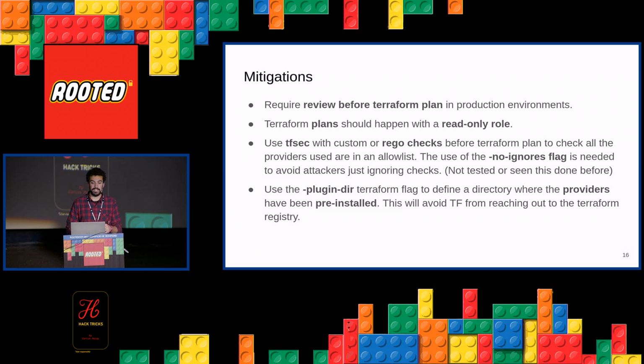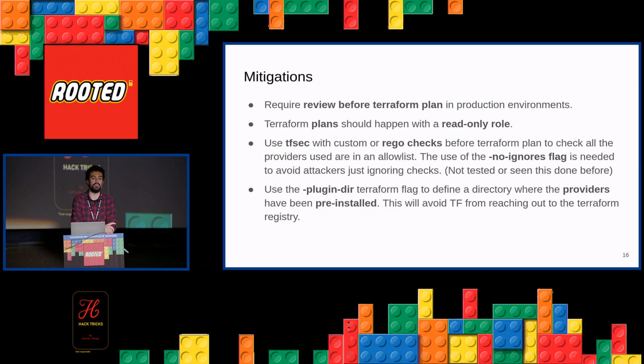Then this one is one that I haven't seen anyone do. I have not tested, so I don't know if it works, but theoretically it should work, and I think it's a good approach. Maybe tooling is lacking a bit. It would be a bit complex to set up, but there's this tool called tfsec, and this tool can be used to make checks over your Terraform configurations, which allow you to determine what kind of resources you can create.